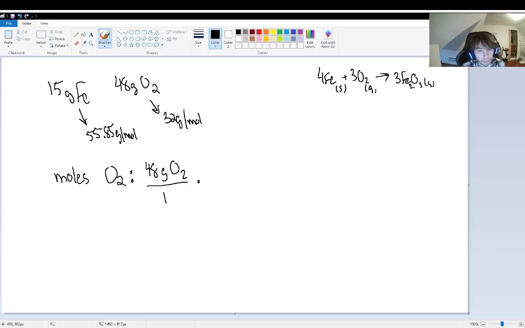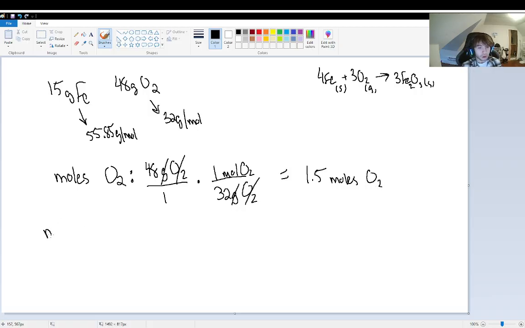Now I want to cancel out my gram units, so grams have to go in the denominator: 32 grams in 1 mole. My grams cancel, and I'm left with 48 divided by 32, in units of moles oxygen. 48 divided by 32 is 1.5, so I have 1.5 moles of oxygen.